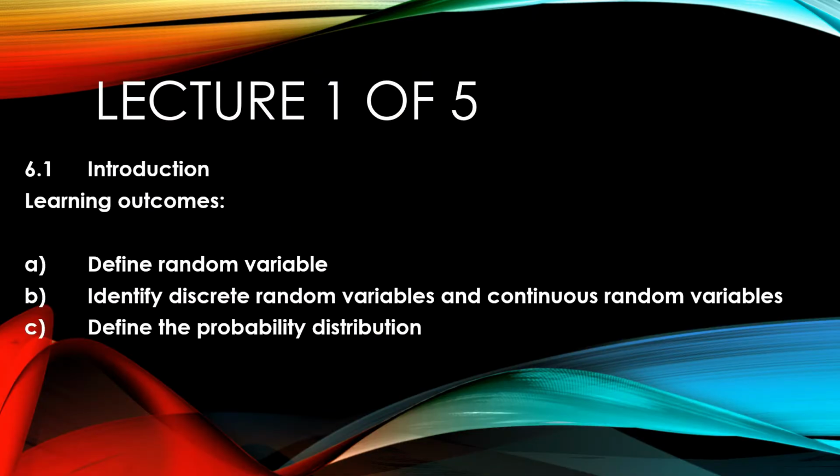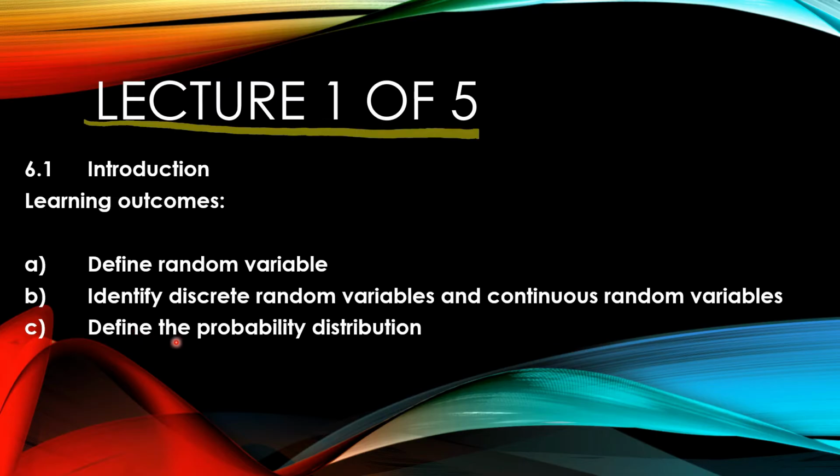Now let's continue with lecture 1 of 5, 6.1 introduction. Learning outcomes in this lecture are: the first one, you need to define the random variable. Second, you need to identify discrete random variables and continuous random variables.